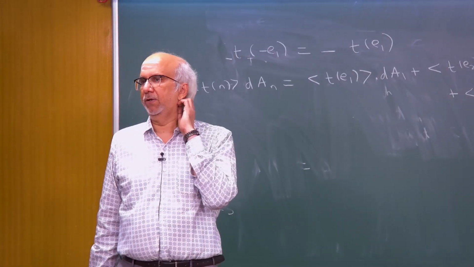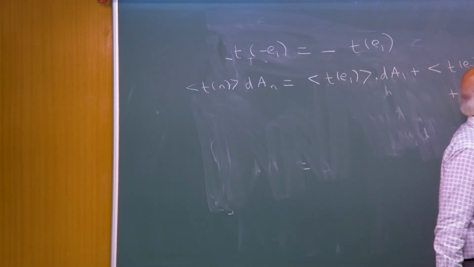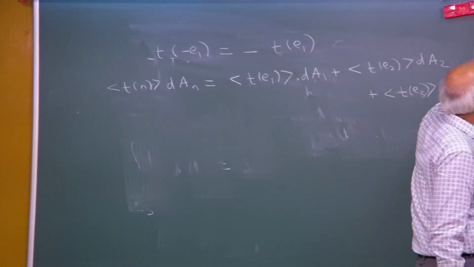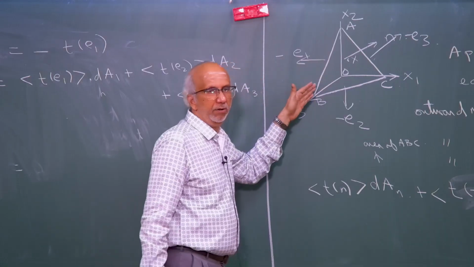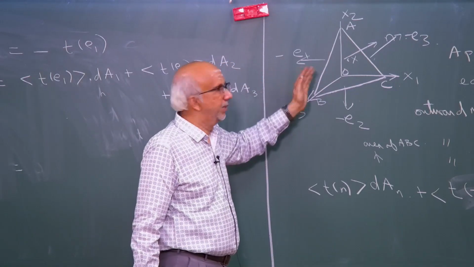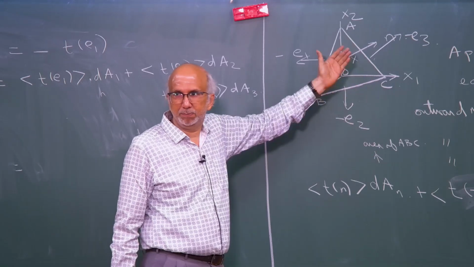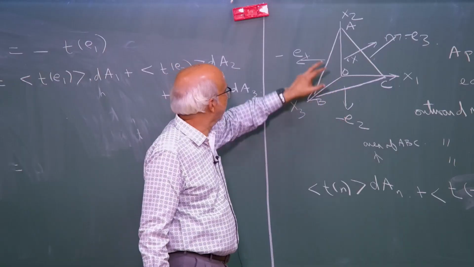Now, what is dA1? dA1 is this OAB, where the outward normal is minus E1. This is nothing but the projection of this inclined surface on the x2 x3 plane.